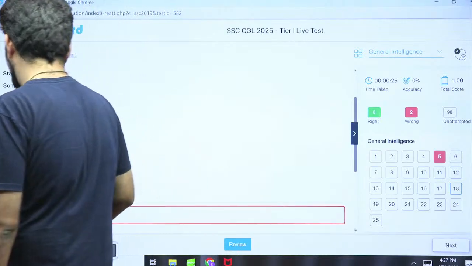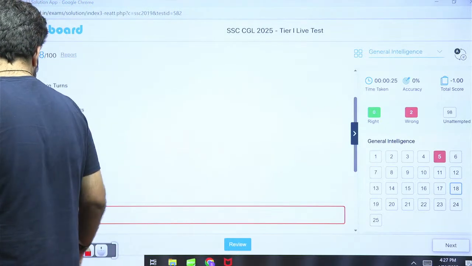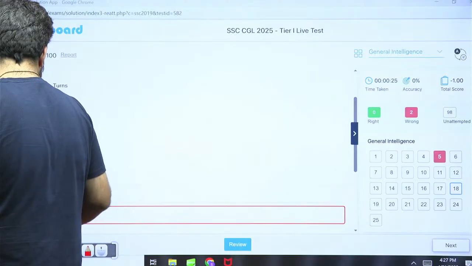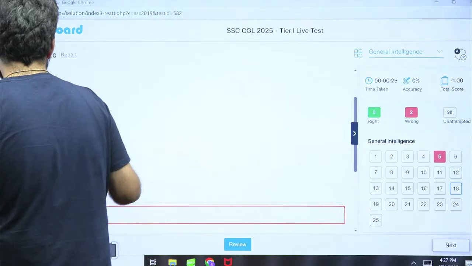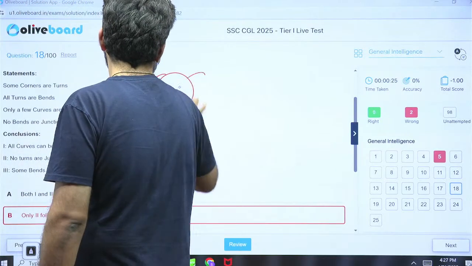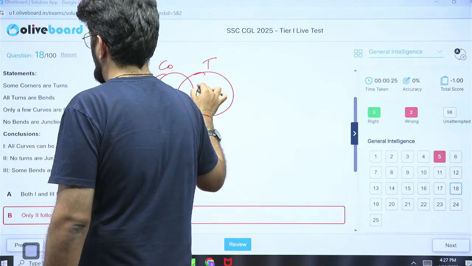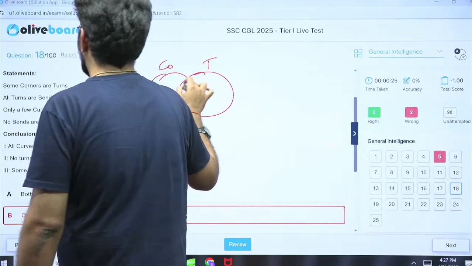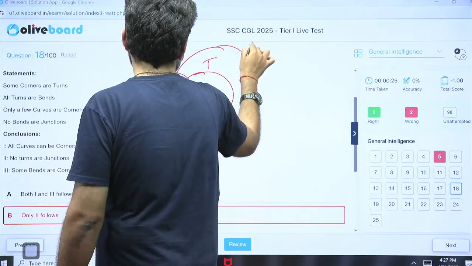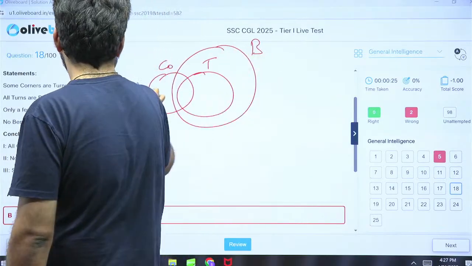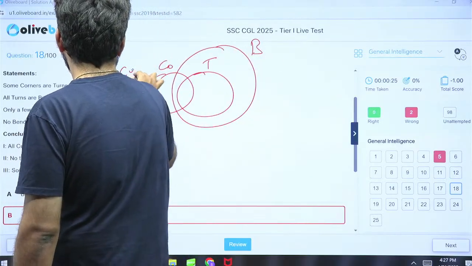Oops, where did we go wrong? Some corners are turns. Oh, my bad, sorry. All turns are bends. Only a few curves are corners. My labeling was incorrect.